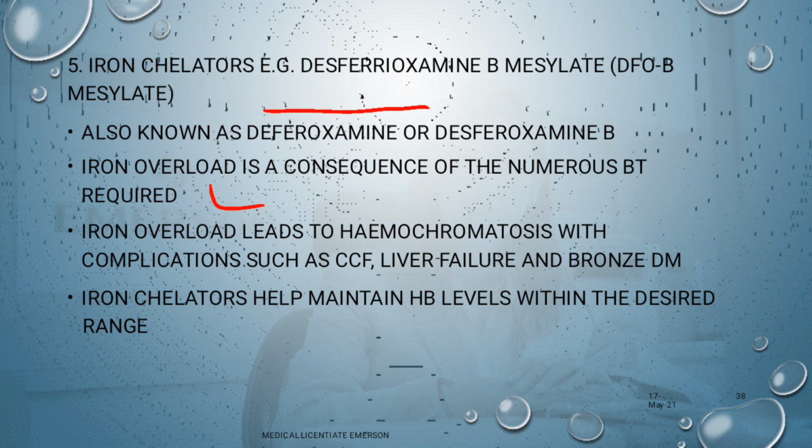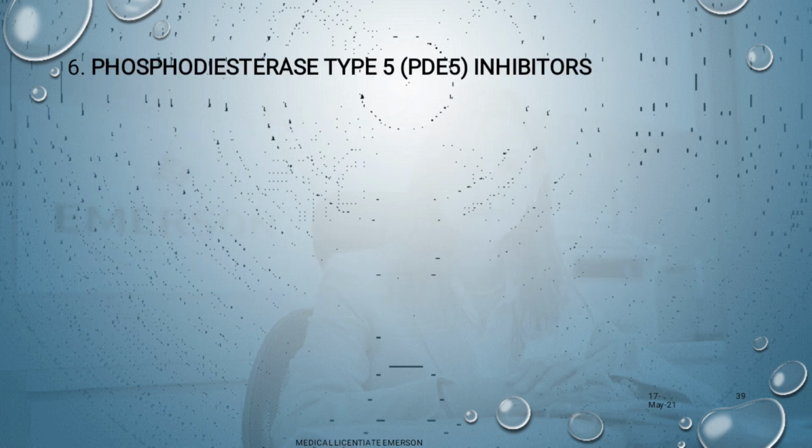So iron overload leads to hemochromatosis with complications such as CCF, liver failure, and bronze DM. Then iron chelators help maintain Hb levels within the desired range. Then phosphodiesterase type 5 inhibitors.